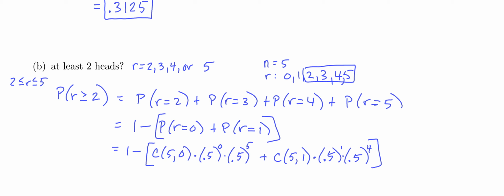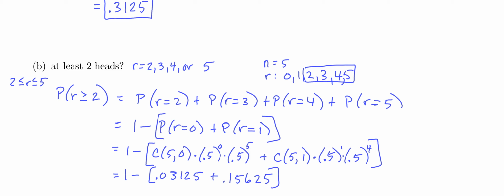For the first part, we get that the probability that r equals 0 is 0.03125. For the probability that r equals 1, we get 0.15625.